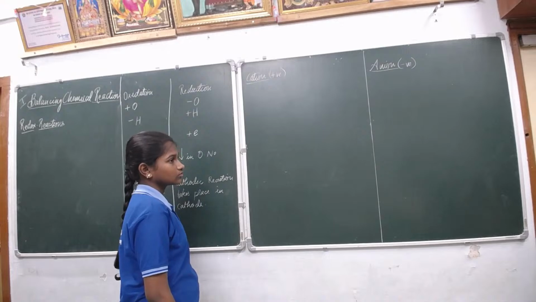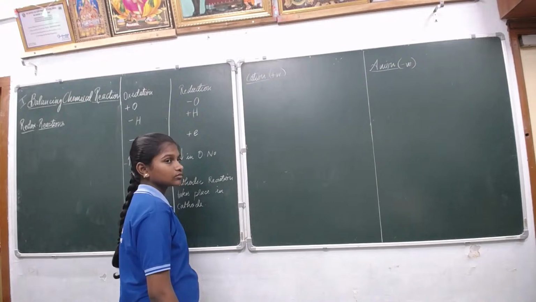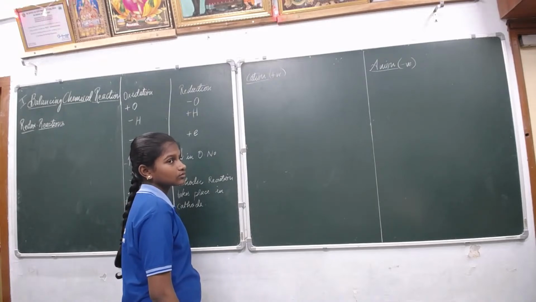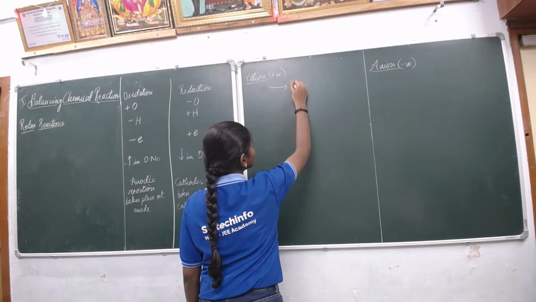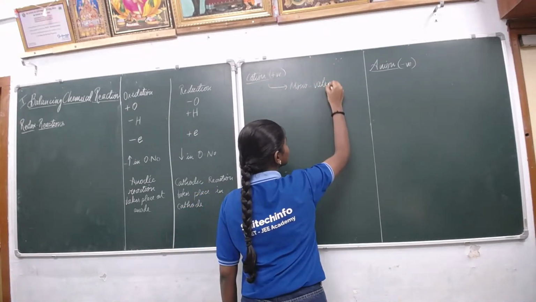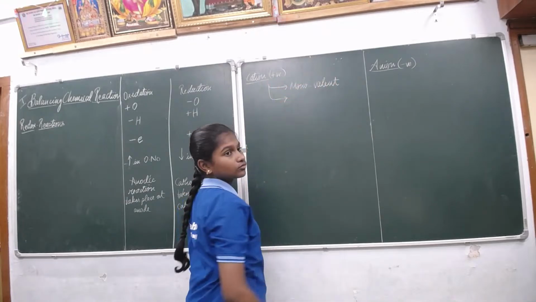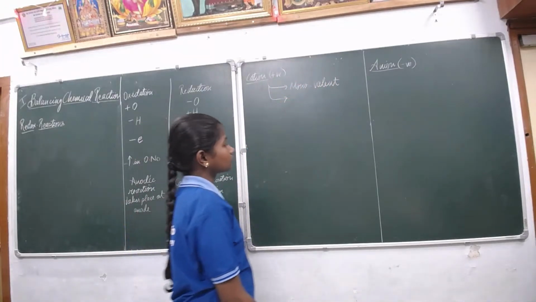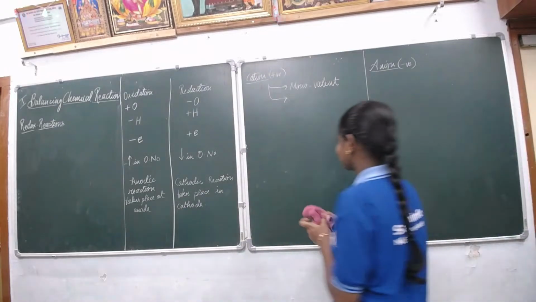Now, let us consider the types of cation. You can classify this into three: monovalent, divalent. You can branch it. You can further divide this into three, vertically.